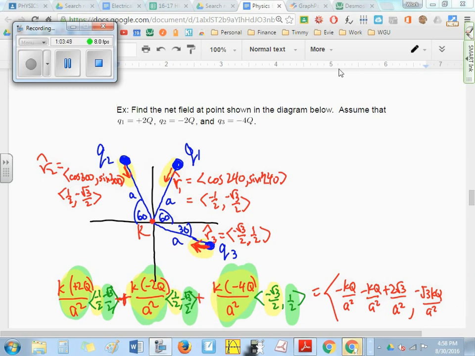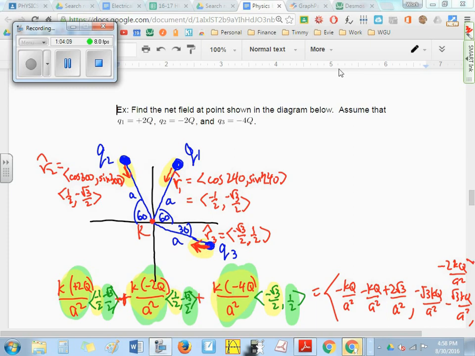I'm running out of space, so I'll just keep writing. Negative root 3 kq over a squared. And then the last one is also a negative, but it's 2kq over a squared. So I'll write it above here. Okay, and there's a bracket, which I can't seem to fit.